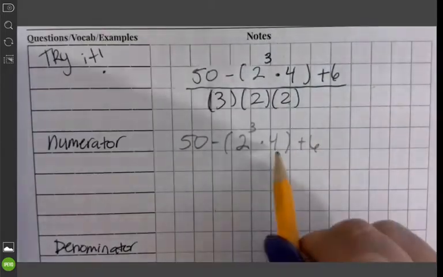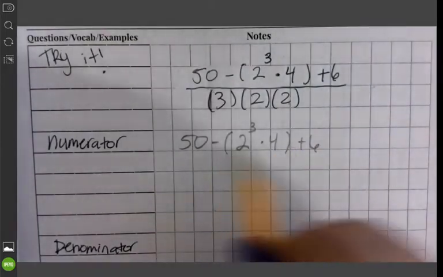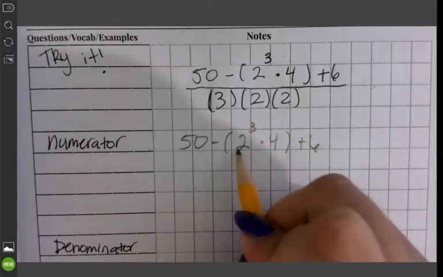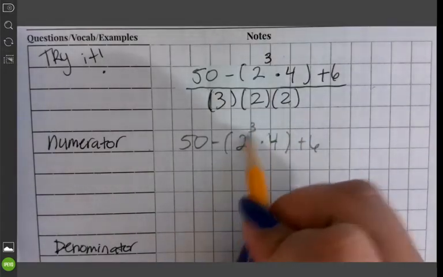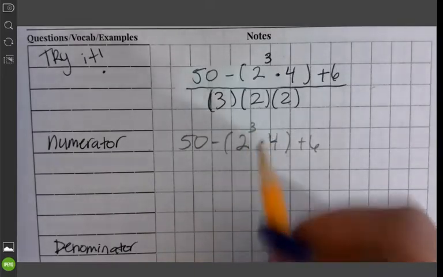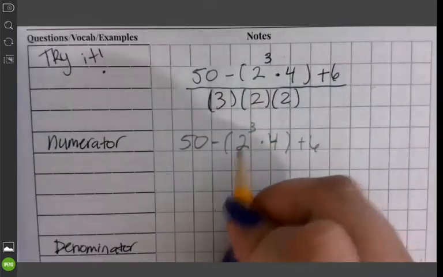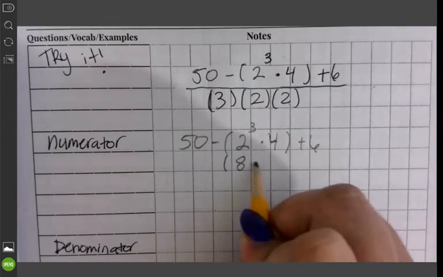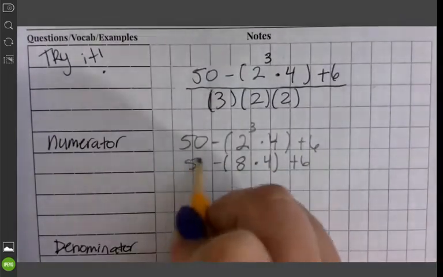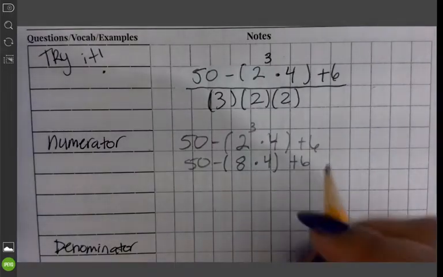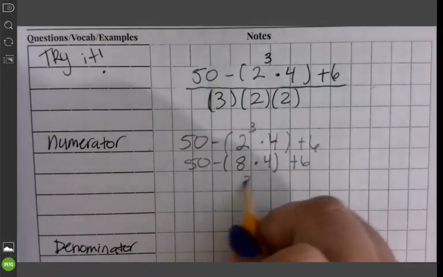We've got to do our groups first. Within our groups, I have 2 to the power of 3 times 4. 2 to the power of 3 is 8. 2 times 2 times 2. 2 times 2 is 4. 4 times 2 is 8. So I have 8 times 4. Still got that plus 6. Still got that 50. 8 times 4 is 32.